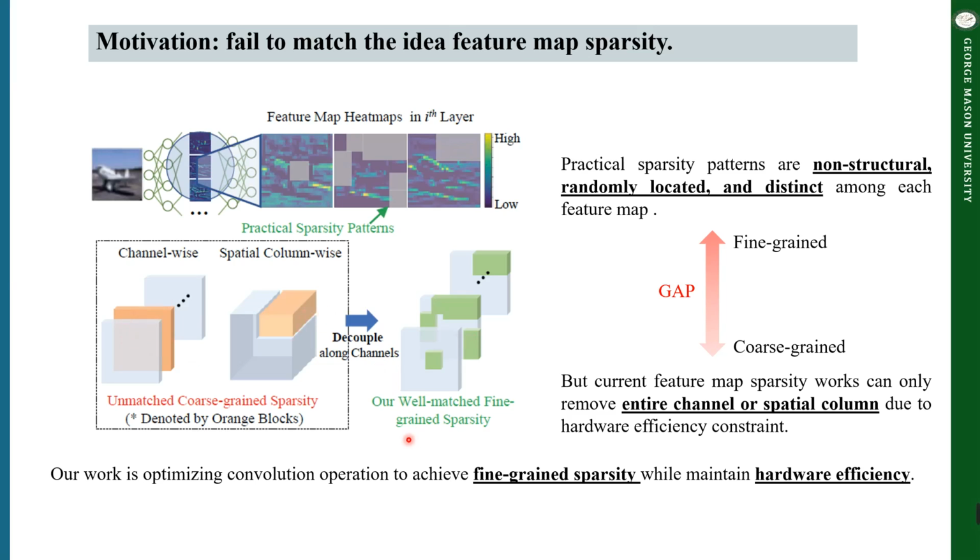So that introduces a gap between the coarse-grained feature map sparsity works and the fine-grained practical sparsity pattern. Our work is trying to find a method to achieve fine-grained sparsity while maintaining hardware efficiency.